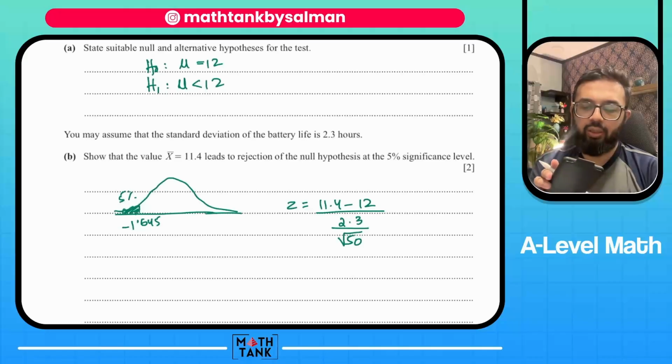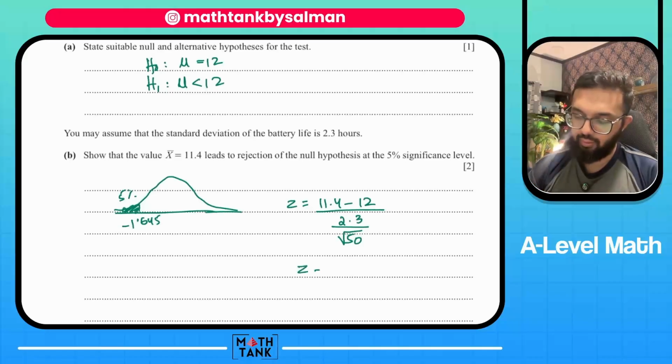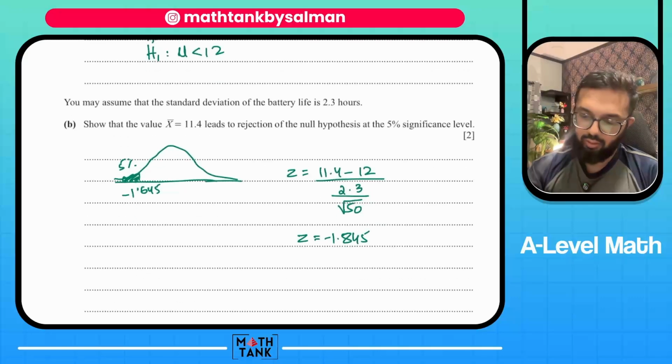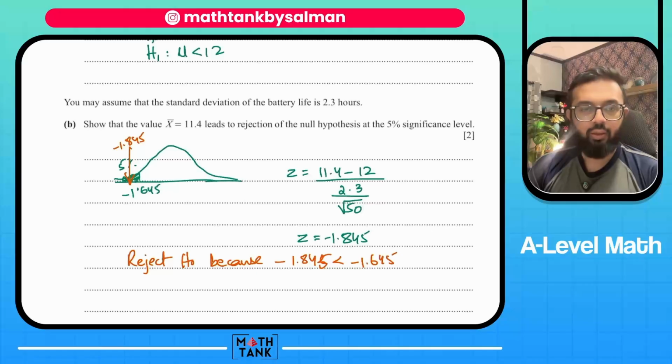Minus 1.845. Okay, so reject H naught because minus 1.85 is less than minus 1.645.